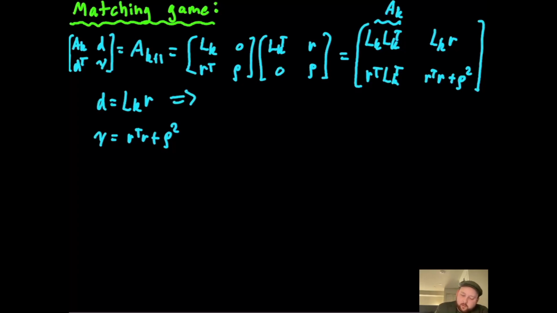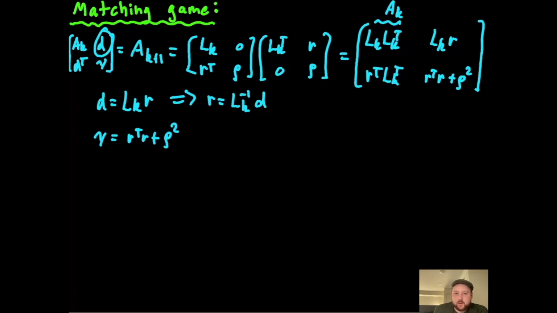This would mean that R is equal to LK inverse D. So how do you get R? When I add my next row or column to the matrix going from AK to AK plus 1, I take that new column, except the very last entry, which was gamma, and then I just apply the inverse of my Cholesky factor to it, and that's going to be my vector R.